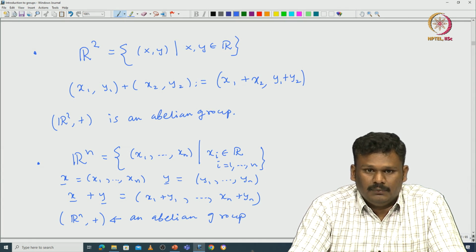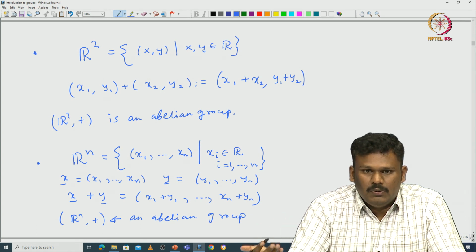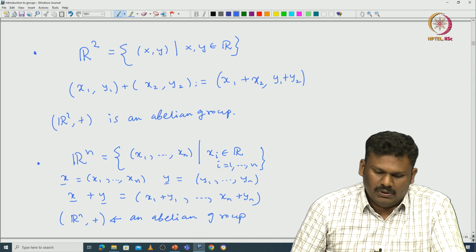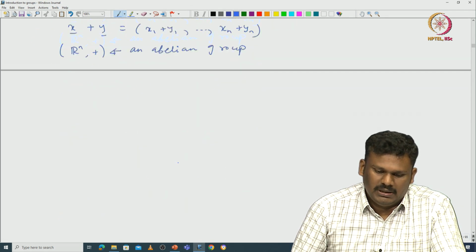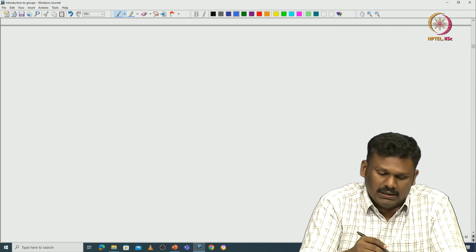Since we are talking about a group having just a binary operation that satisfies some properties, we will be able to allow many examples. That is the beauty of this abstraction. For example, we can also take infinite tuples. There is no need to take finite tuples.